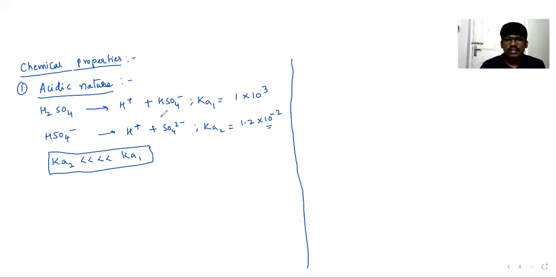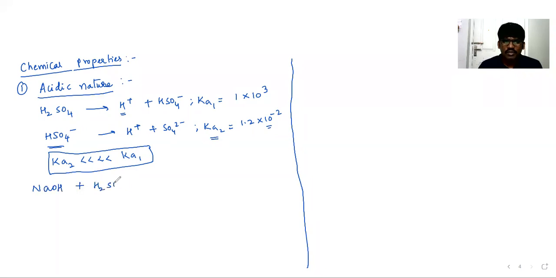Why? Because here the HSO4 minus ion is developed in interaction with H plus. Oppositely charged ions are there. Further dissociation may not be easily possible, because there are forces of attraction between two oppositely charged ions. Hence, the second dissociation constant will be lower compared to the first. And moreover, H2SO4 can react with NaOH.